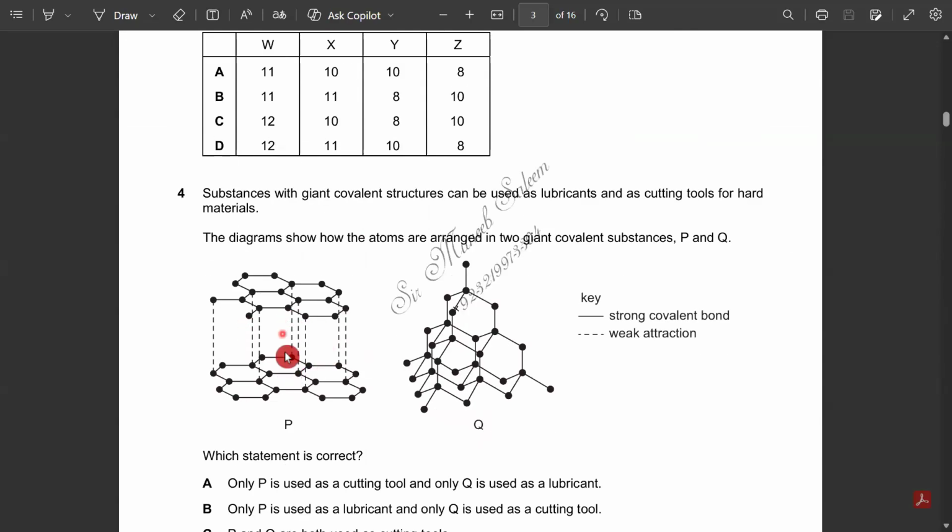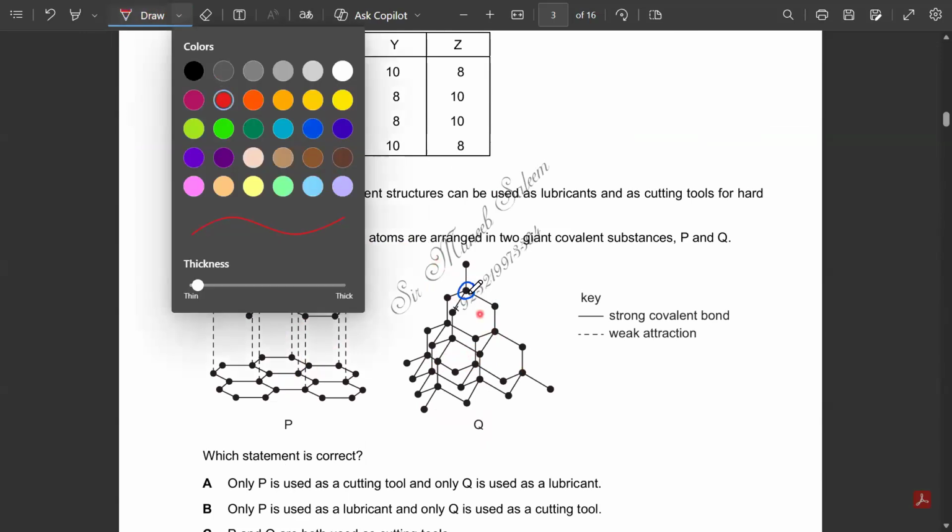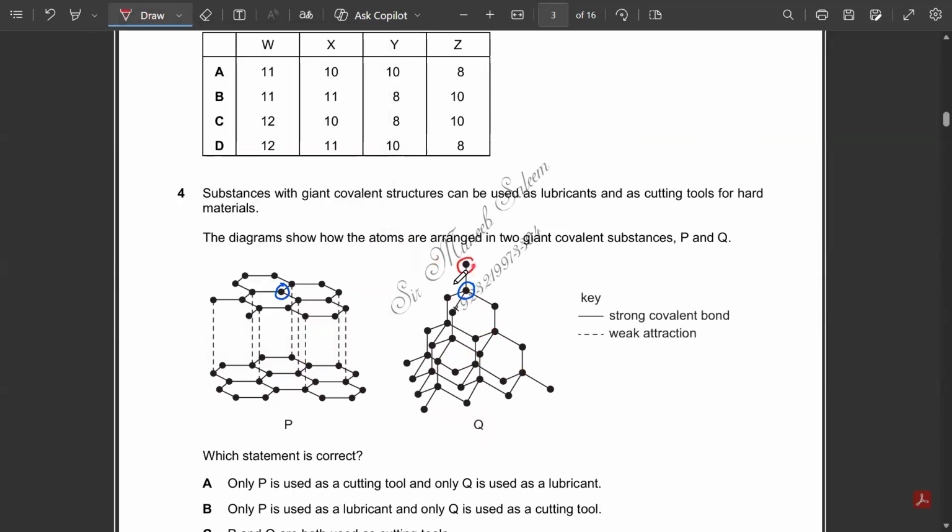This is paper 2.1, and here we saw the diagrams. This is the diagram of the graphite. This is the diagram of diamond. So you can see that in diamond, every carbon is bonded with 4 more carbon atoms. Let's suppose this is the central carbon I'm selecting from here, and I'm selecting the central carbon in the graphite over here. So you can see the total number of carbon atoms further bonded with the blue atom are 4.